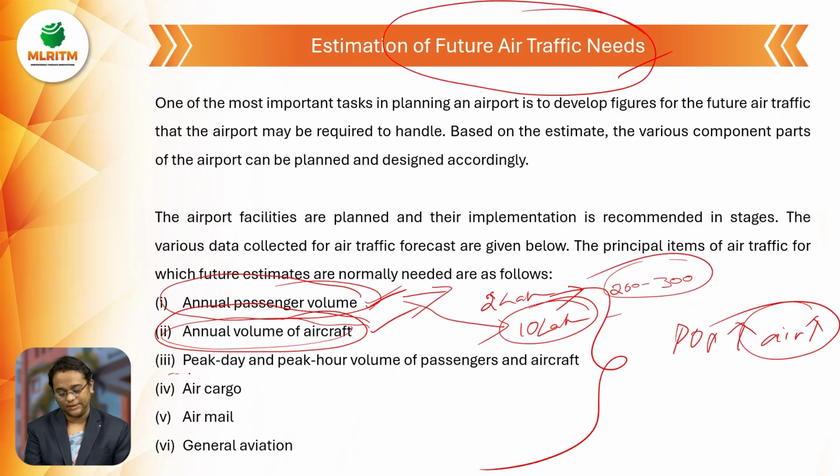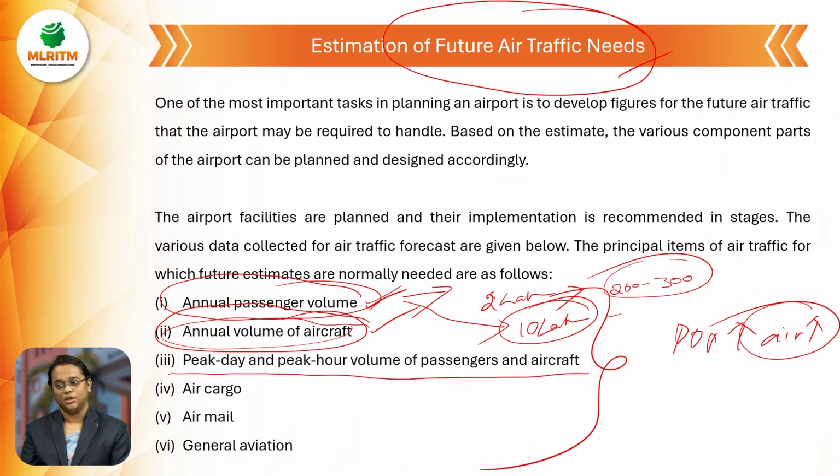And the peak day and peak hour volumes of passengers and aircraft. As you know, the traffic may vary across different time zones and different days and months of the year.